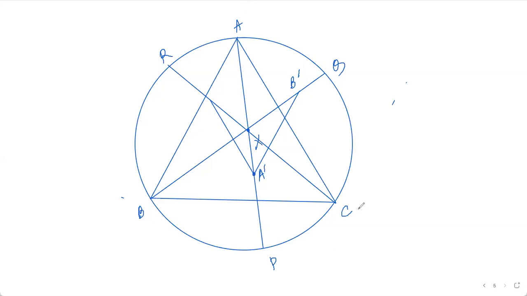So all you have to show is that B dash, C dash, R, Q are concyclic.